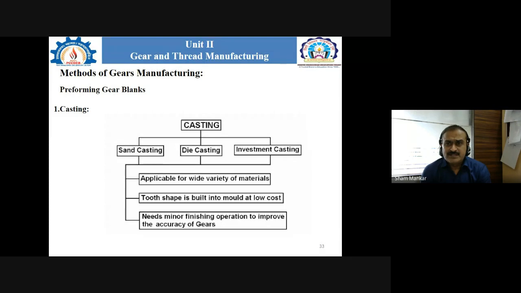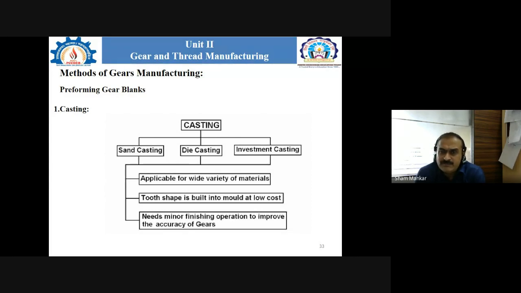But so far as gear manufacturing is concerned, we may select sand casting as one process, then die casting, then investment casting. Apart from these three, other processes are also used for making gears.